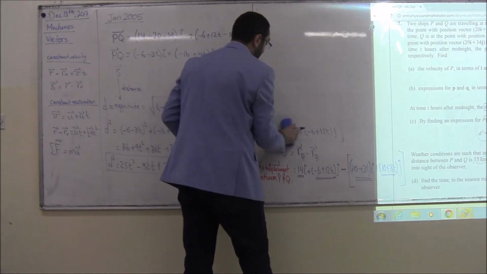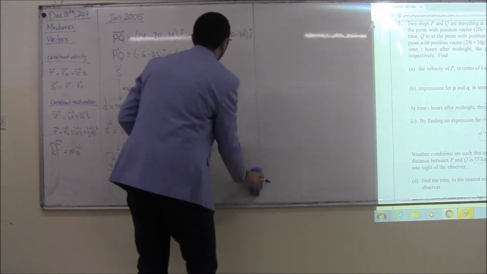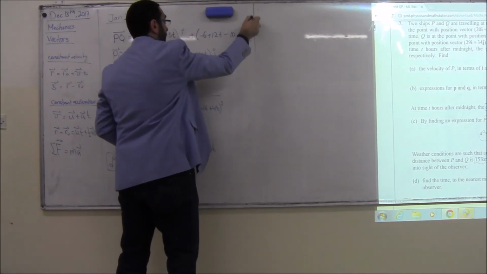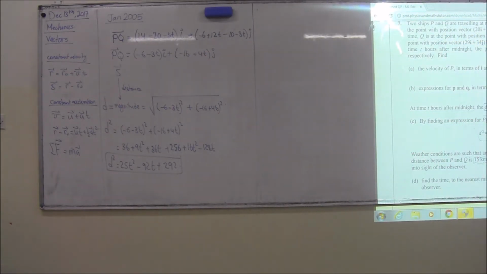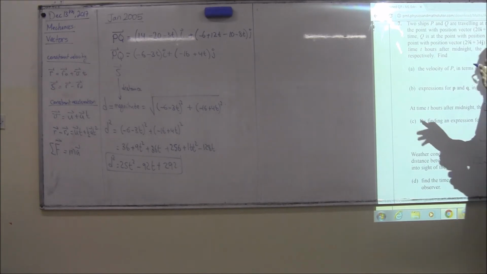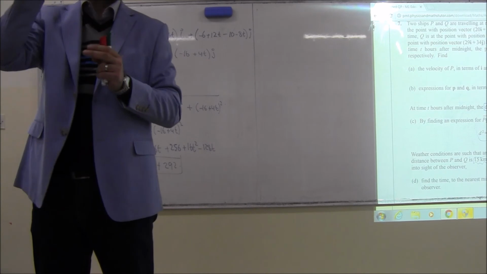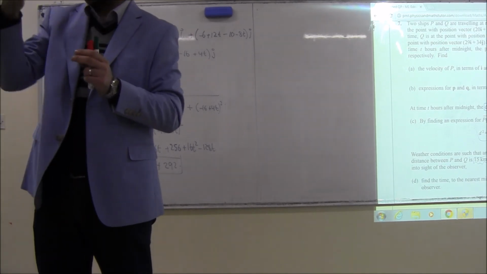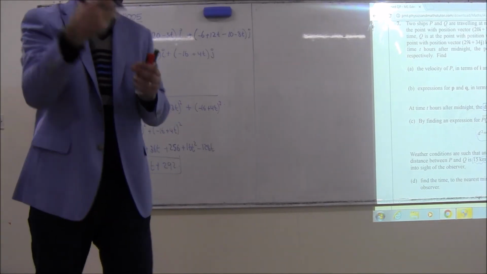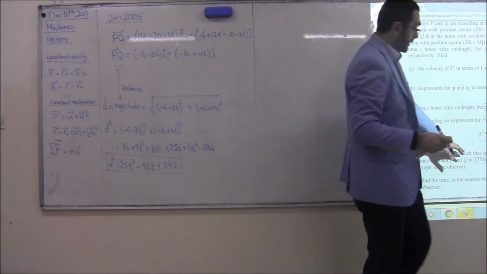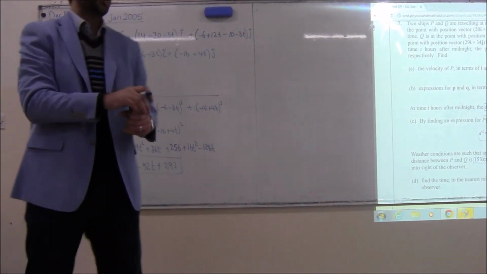Look here, guys, again. If the distance is 15 kilometers or less, the observer on ship P can see the lights on Q. 15 or less, what does this mean?